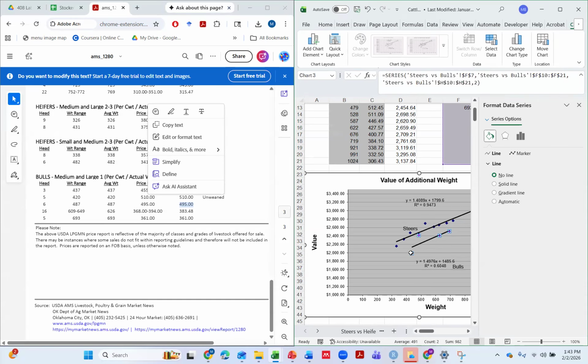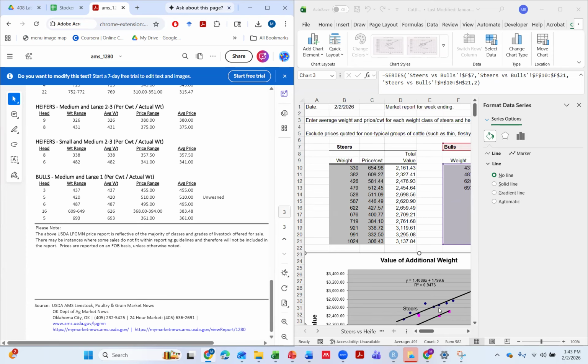And so that really tells me that maybe whoever bought these groups, they pretty much paid for what you could have bought steers at that same body weight for. So we don't know why that group was overbought like that, but they definitely overpaid for that relative to what they should have.